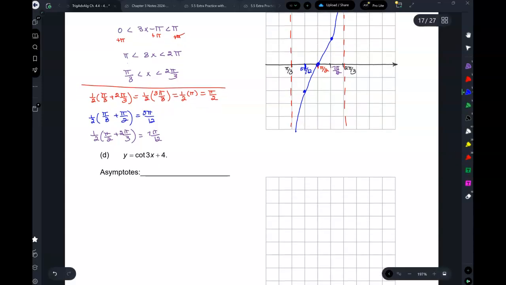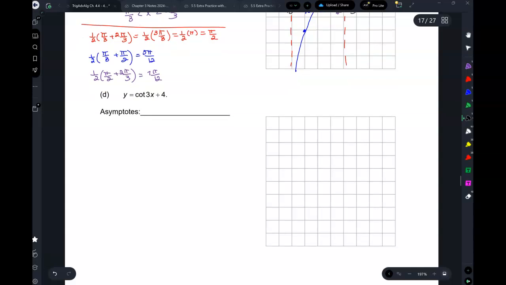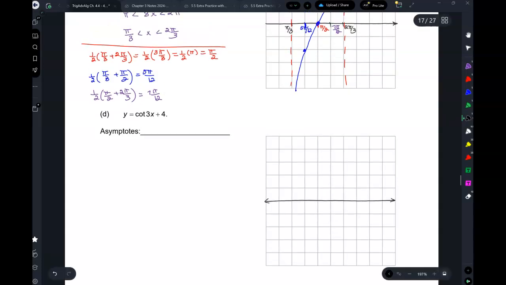Okay. Now, take a look at this next one. Now I have cotangent of 3x plus 4. This plus 4 shifts the graph upward. All right?